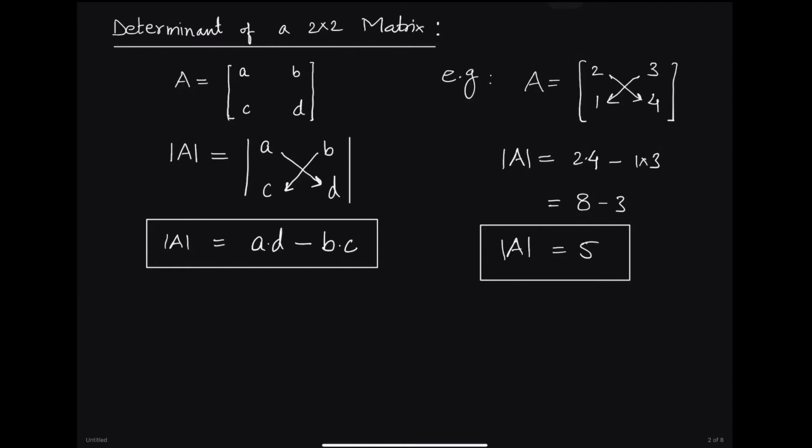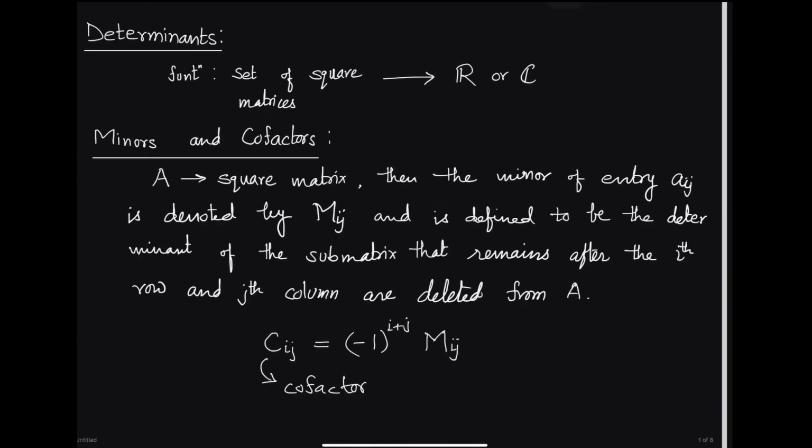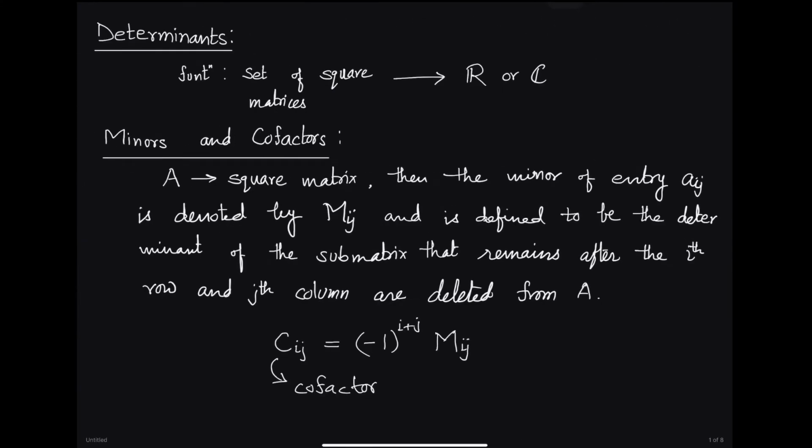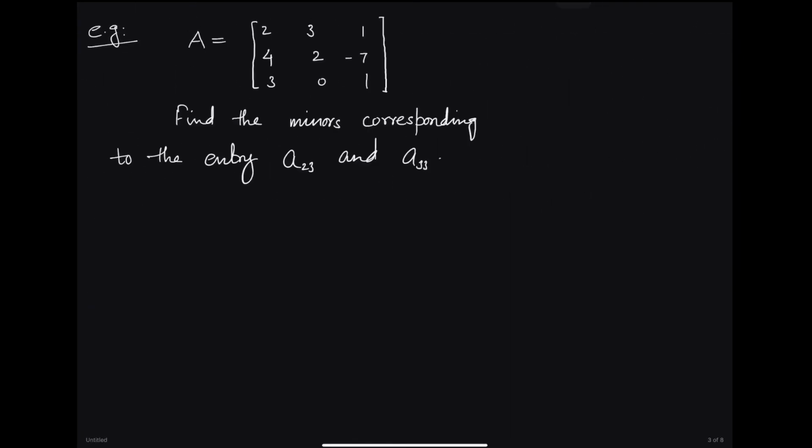Now let us see what a minor is. As we have discussed, the minor of the entry Aij is denoted by Mij and is defined to be the determinant of the submatrix that remains after the ith row and jth column are deleted from A. For example, for this 3 by 3 matrix, we have to find the minors corresponding to the entries A23 and A33.